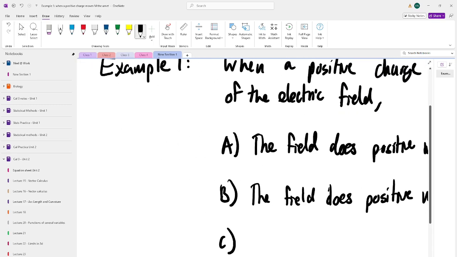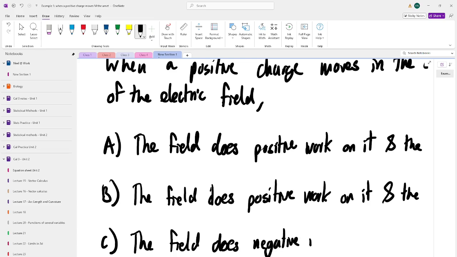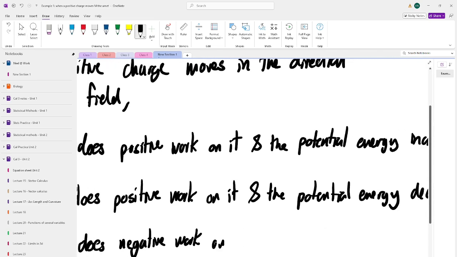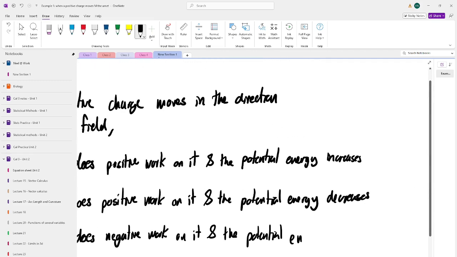Option C is that the field does negative work on it and the potential energy increases.